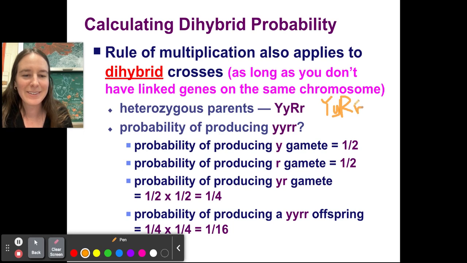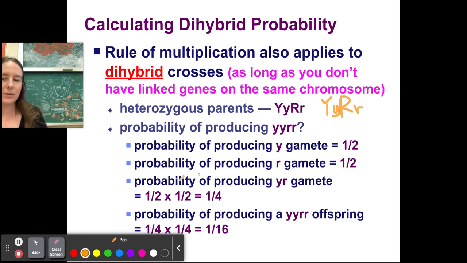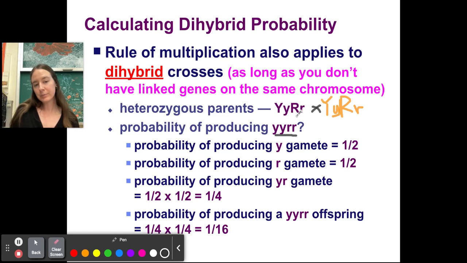And this is why I want to do most of it in class. So you're going to cross these two, right? Take this one, cross with this one. The question is, what's the probability of producing offspring with this genotype? Homozygous recessive for the seed color, and homozygous recessive for the shape of the seed, if we're looking at pea plants.